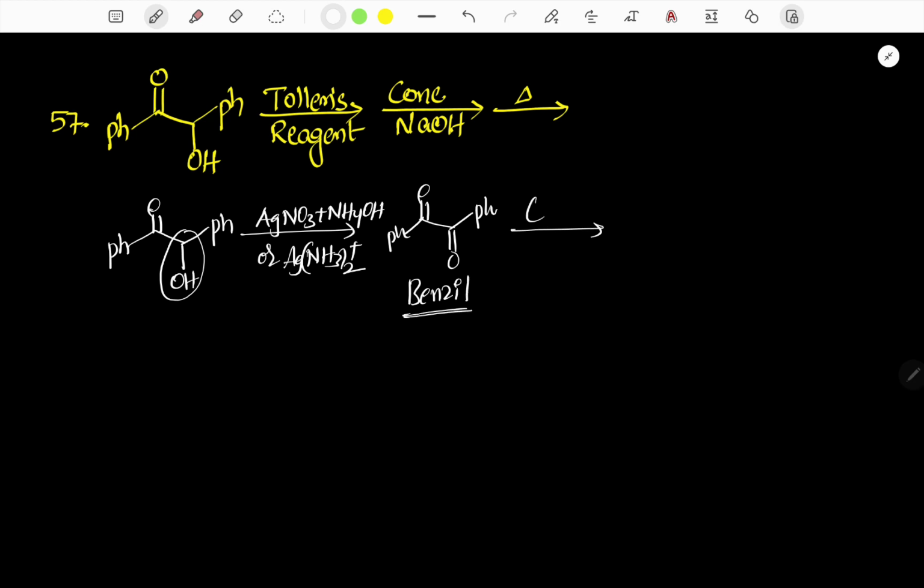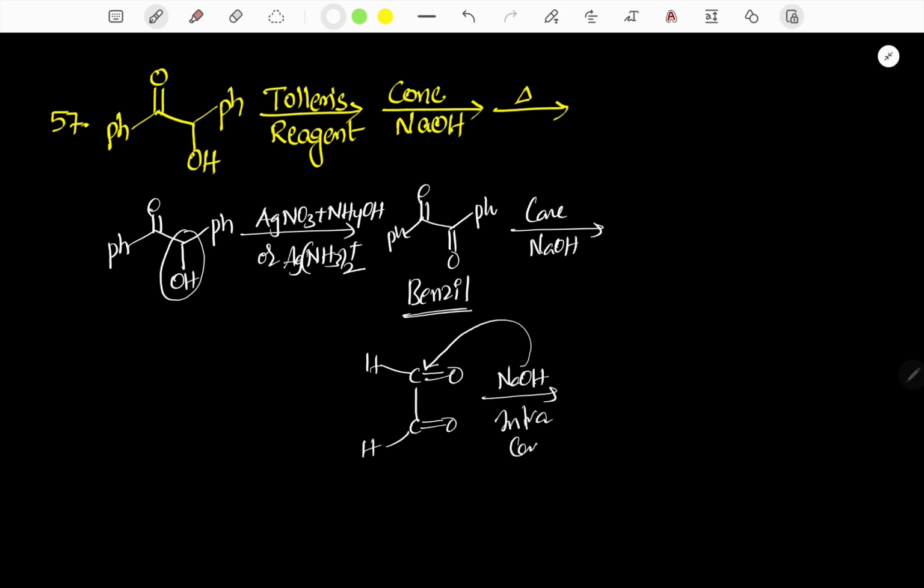So when benzil is treated with conc NaOH, for example, if I take C double bond O, C double bond O with H, it is a glyoxal. When it is treated with conc NaOH, OH minus attacks at this carbon, it is an intra-Cannizzaro. OH minus attacks this carbon and this H minus is shifted to this carbon.